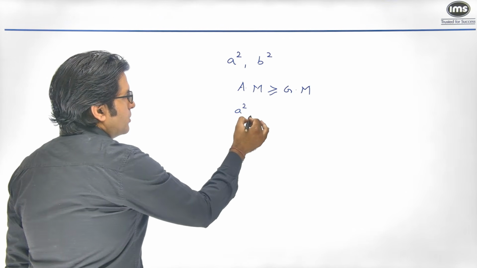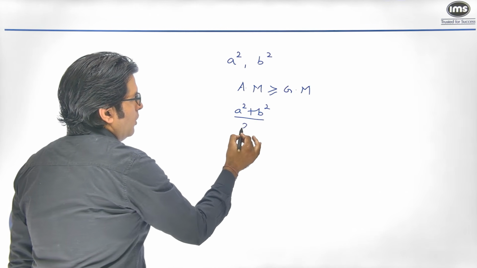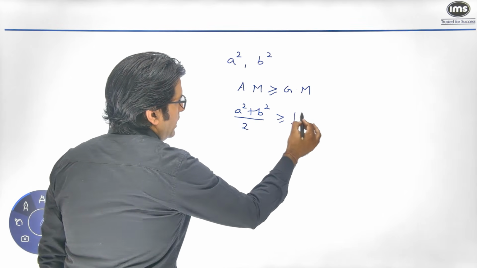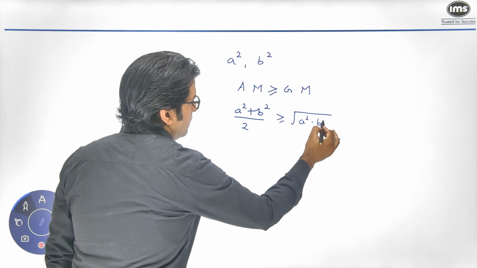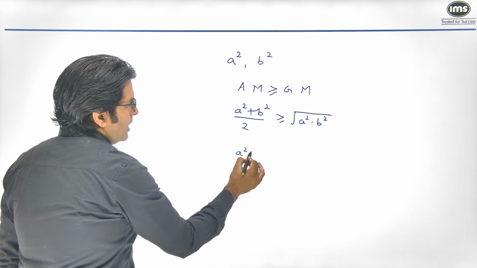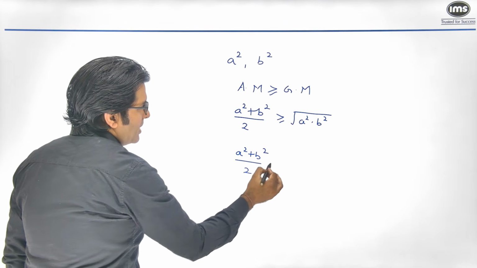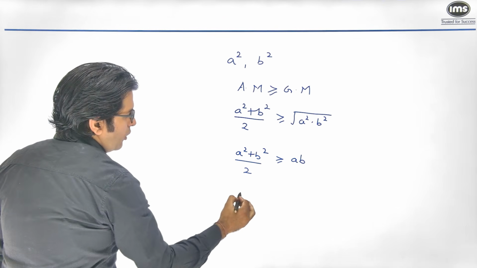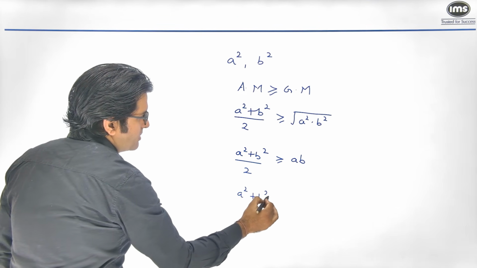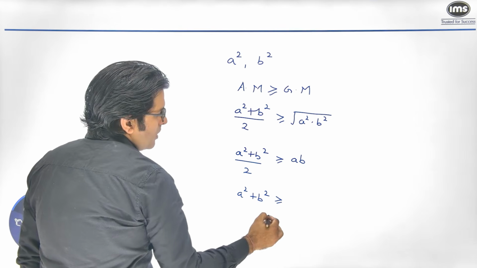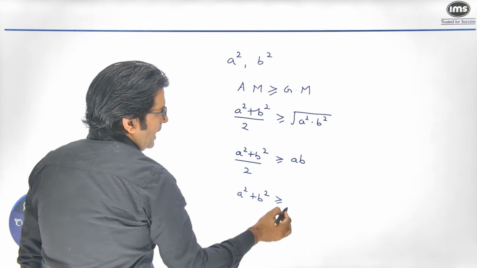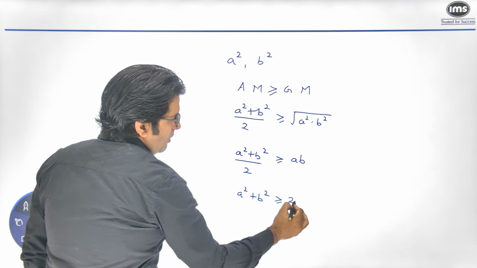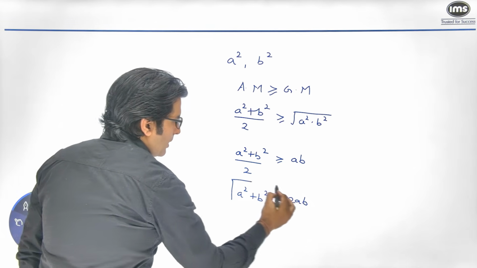So I'll have a square plus b square by 2 greater than or equal to under root of a square into b square, which is ab. I can cross multiply and say a square plus b square is greater than or equal to 2ab, or in general, ab is always less than or equal to a square plus b square by 2.